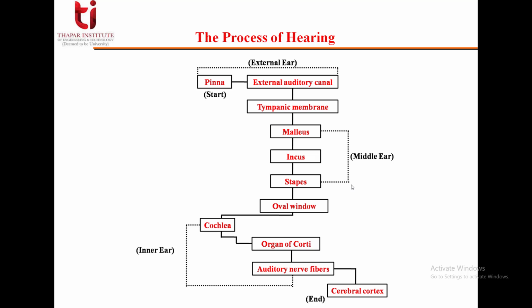And then the oval window acts as a gatekeeper, and then we have the inner ear, which starts from the cochlea, in which we have the organ of Corti, and then we have different auditory nerve fibers which collectively form the auditory nerve, and then we end at the brain, mainly in the cerebral cortex, in the temporal lobe. So this was the whole process of hearing.